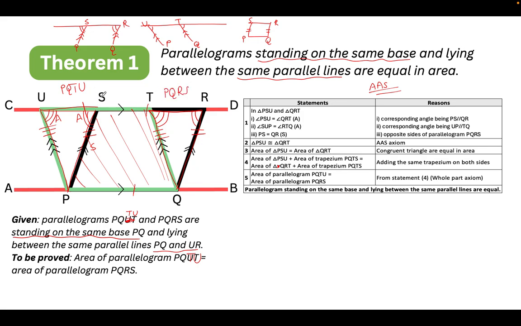So the areas of two parallelograms standing on the same base PQ and between two parallel lines AB and CD are equal in area. So this is proved. You will need to write this. I have just explained the concept. You either need to memorize it or be creative and write it on your paper.